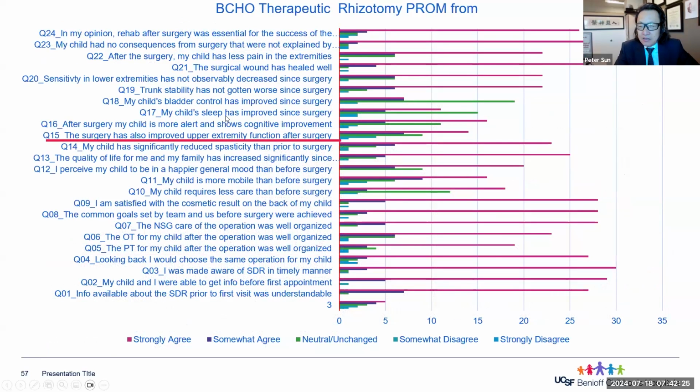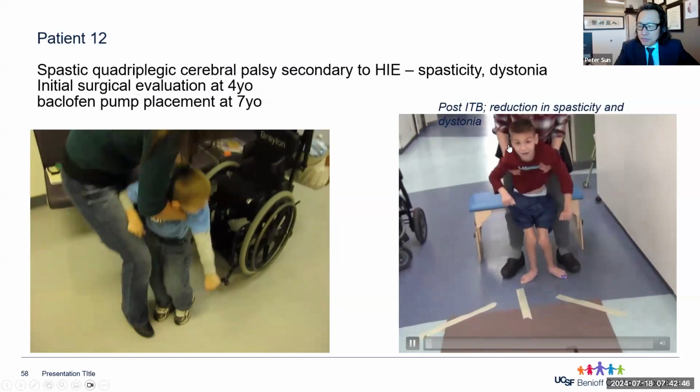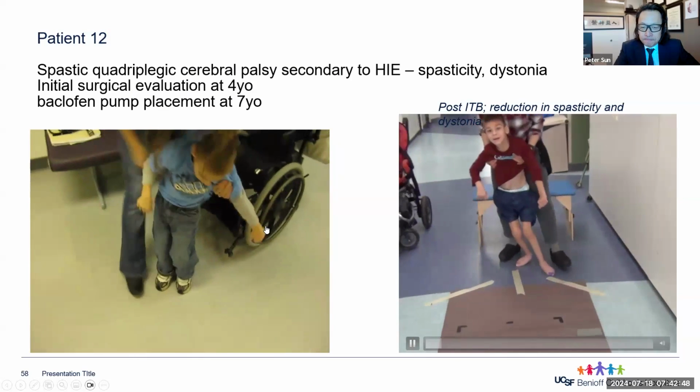And this is, again, our questionnaire for our patients, and we can see that many have responded that the surgery has also improved upper extremity function, as well as the other questions in this patient questionnaire measure.